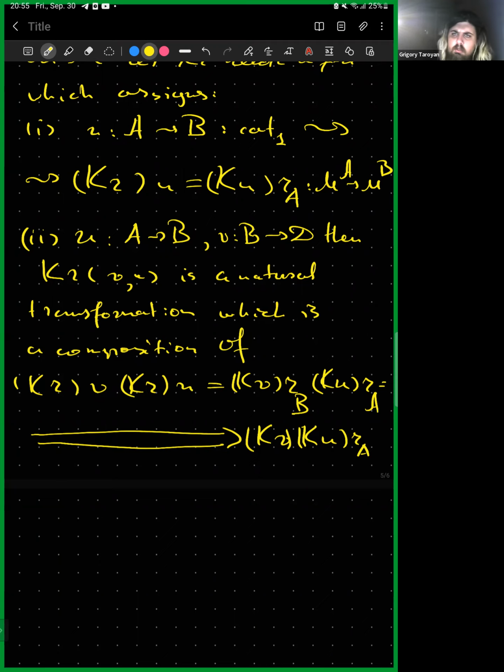So this natural transformation is defined in the following manner.